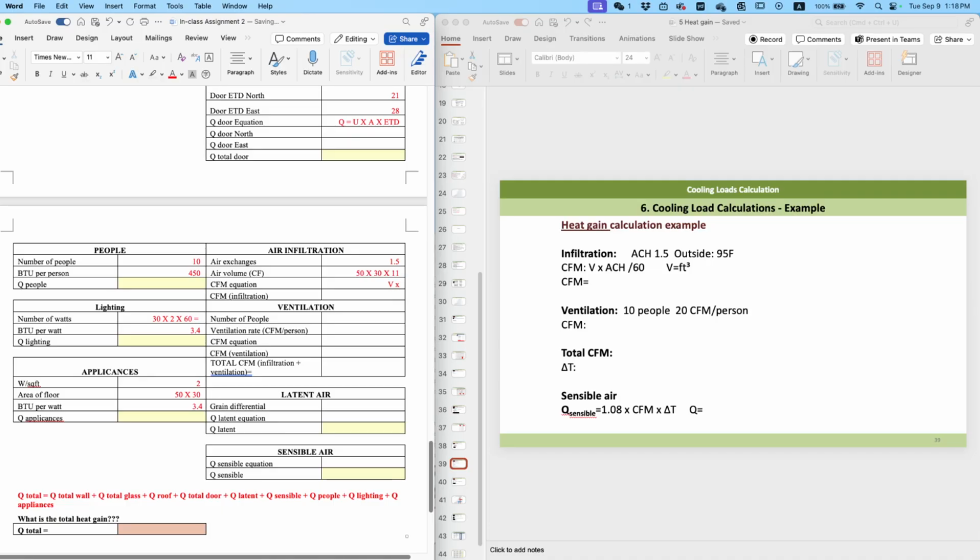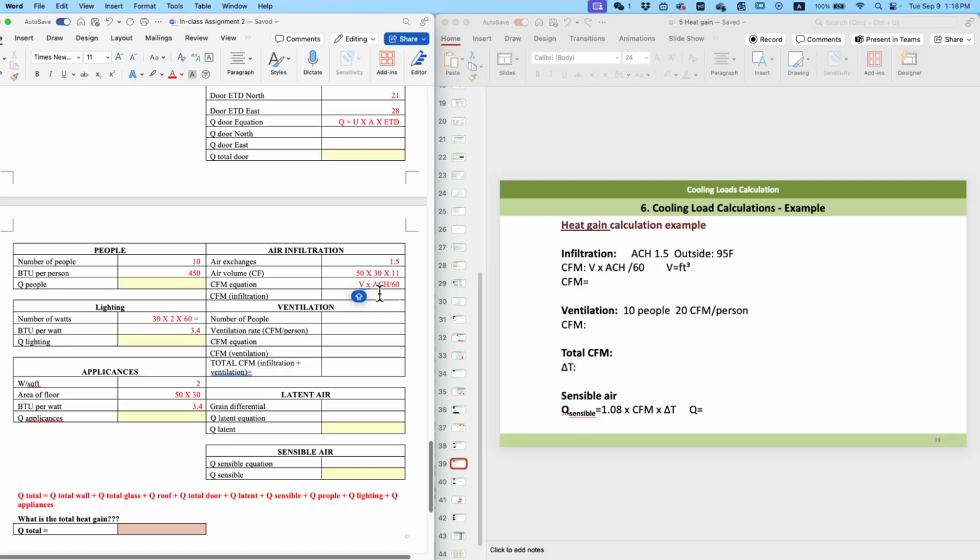V by ACH divided by 60. This is the same as the heat loss infiltration we introduced. V is the volume of the building or room. ACH is the air exchange, divided by 60, because air exchange is per hour, but CFM is cubic feet per minute, so we have to divide by 60.